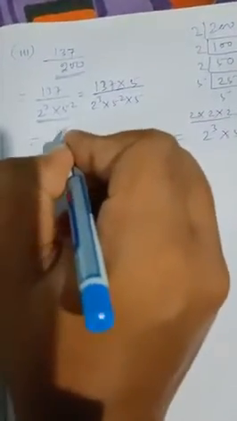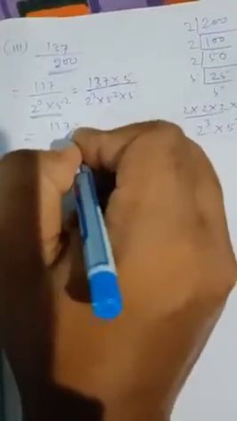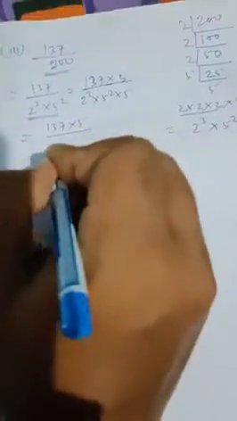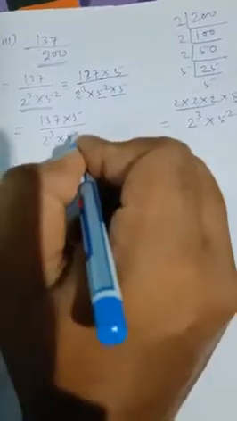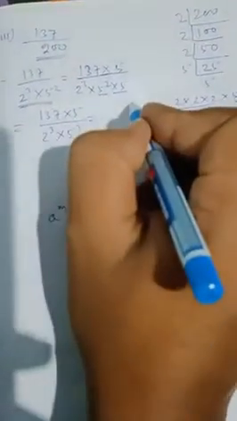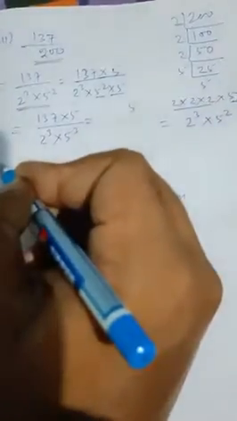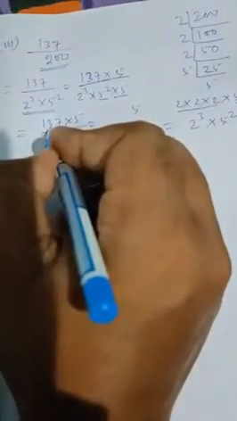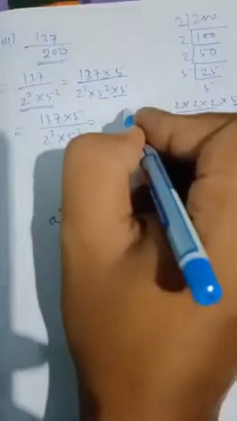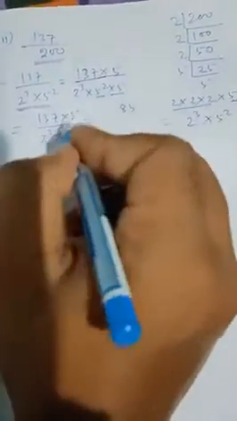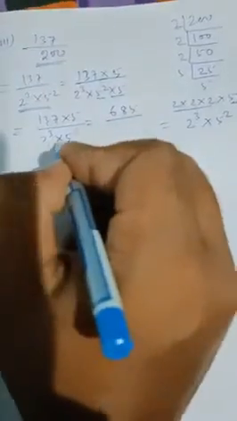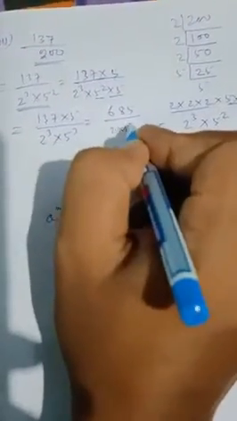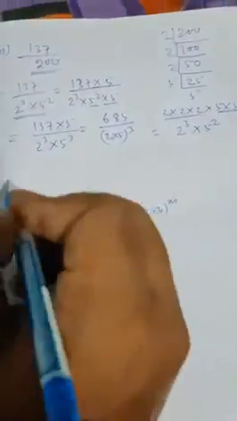Next, 137 into 5 divided by 2 cube, here 5 square into 5, that will be 5 cube right now. 5 7s are 35, 5 carry 3, 5 3s are 15, 15 plus 3 18, 8 carry 1, 5 1s are 5, 5 plus 1 6, divided by 2 into 5 cube.